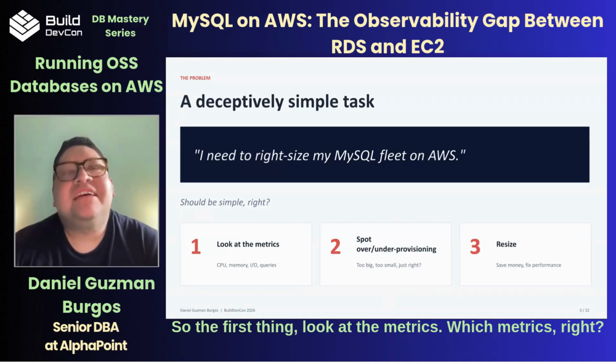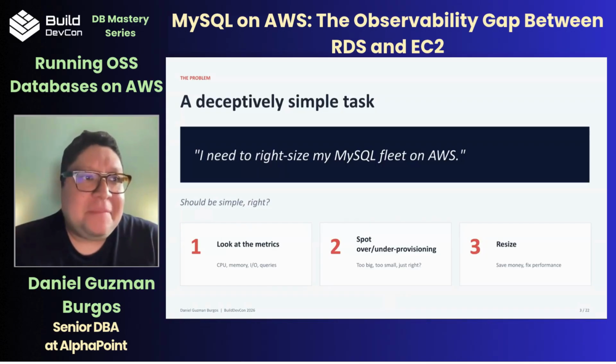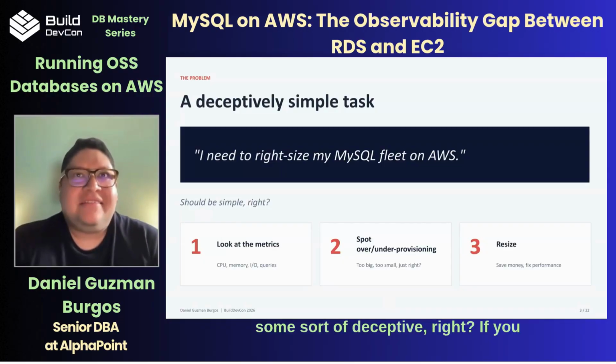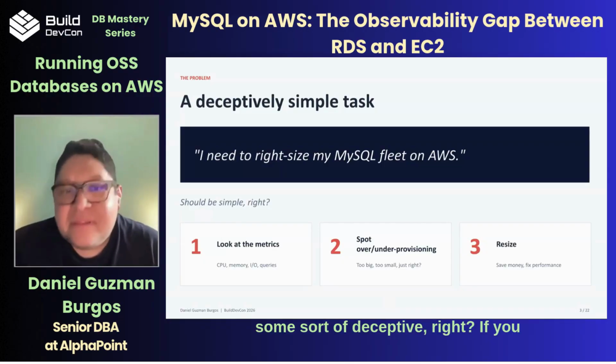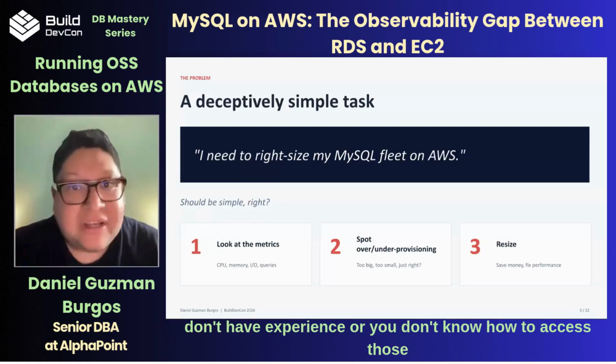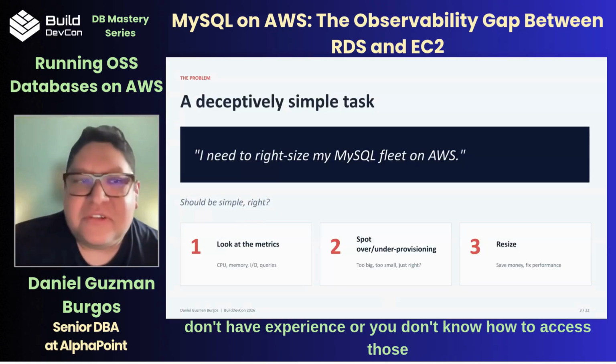So the first thing is to look at the metrics. Which metrics, right? The first step can be somewhat deceptive if you don't have experience or don't know how to access those metrics.